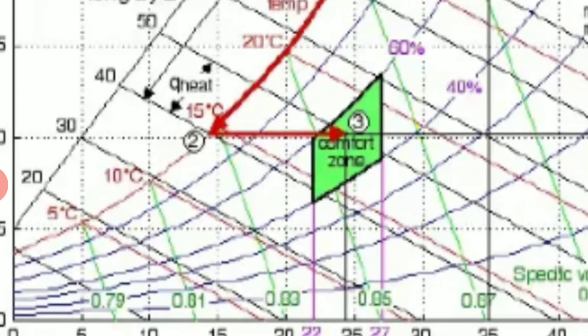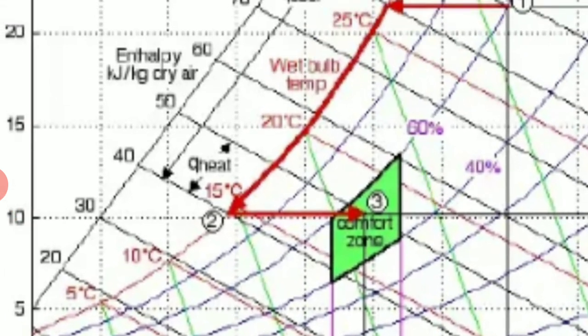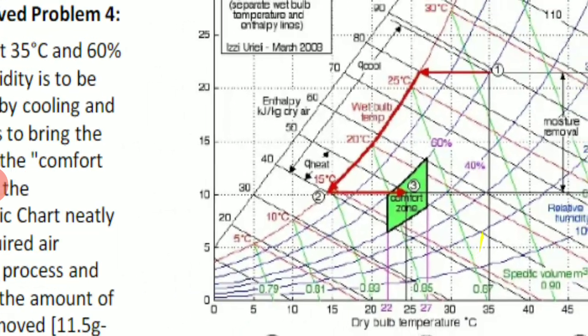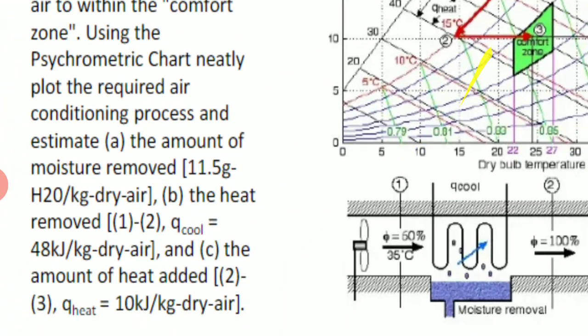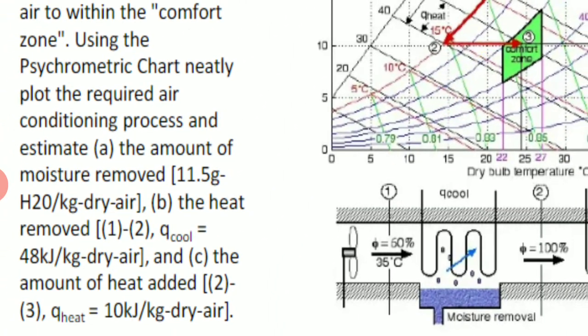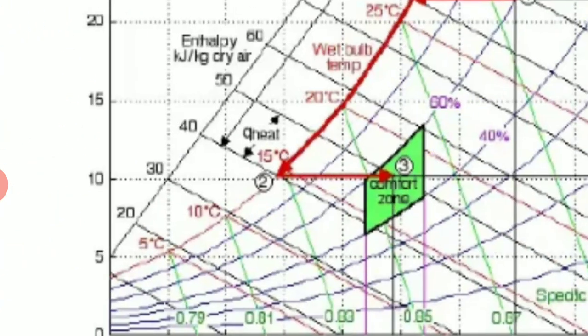Refer from point 2 parallel to the wet bulb temperature to get H2, and from point 3 parallel to the wet bulb temperature to get H3. From point 2 you are getting 40, and from point 3 you are getting 50 kilojoules per kg. So 50 minus 40 is 10 kilojoules per kg of dry air.